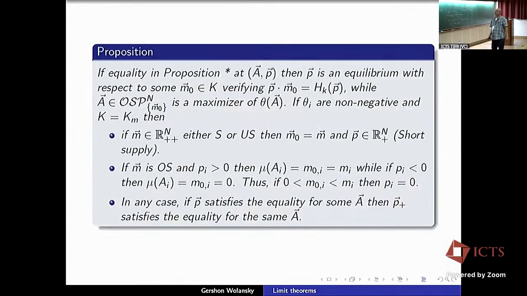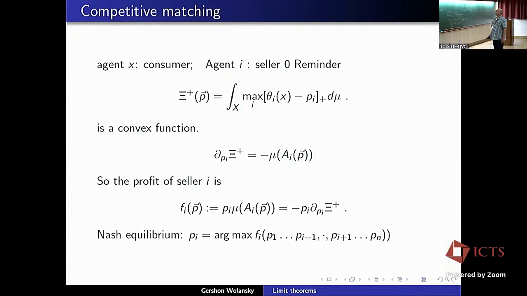Okay, this proposition we can skip, I think, it's not very interesting. There is another way we can take it, in that direction, of a competitive matching, because you see, if agent X is a consumer and agent Y is a seller, then Chi plus is the way that we defined it before.